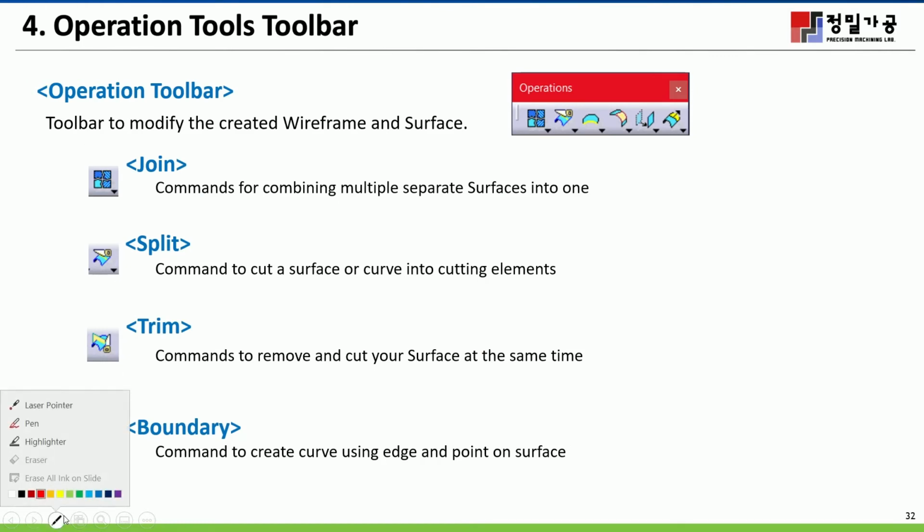Okay, next topic is operation tools toolbar. Okay guys, next is operation tools toolbar. In operation, you can modify the surface or cut the surface or extend the surface, maybe join the surface.